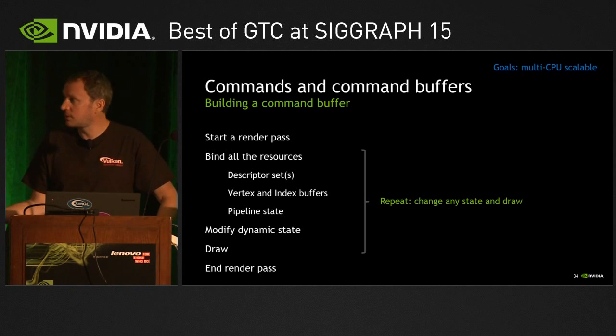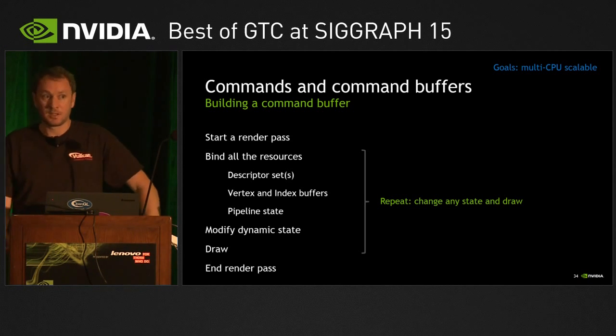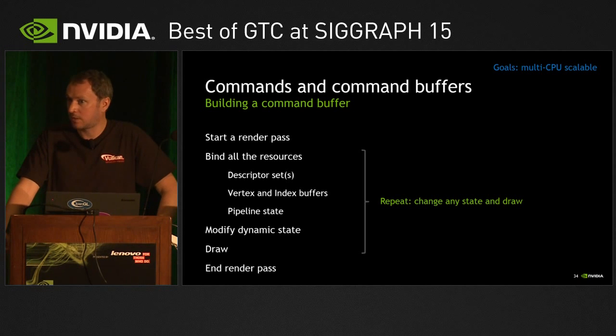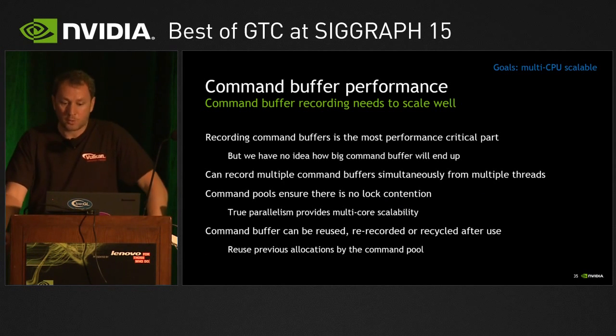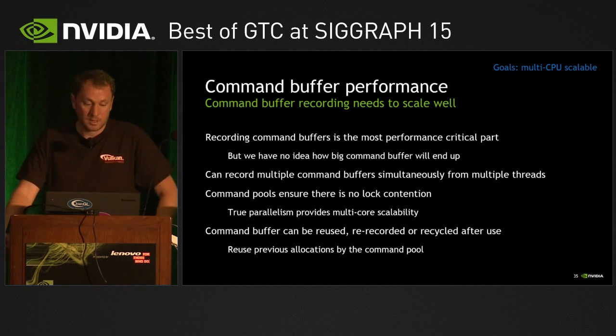Obviously, don't do redundant state changes if you can avoid it. But Vulkan is designed such that recording a command buffer, doing all these different things, which could be tens of thousands, hundreds of thousands of draw calls, depending on what you're doing, is designed so that recording this is going to be fast. Command buffer recording performance is critical to Vulkan.